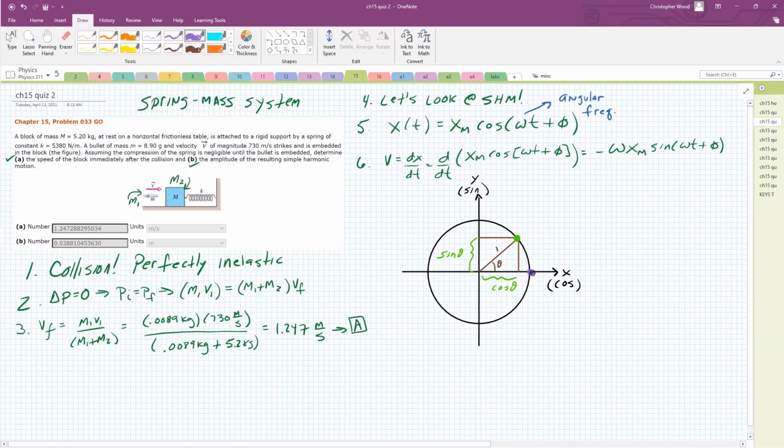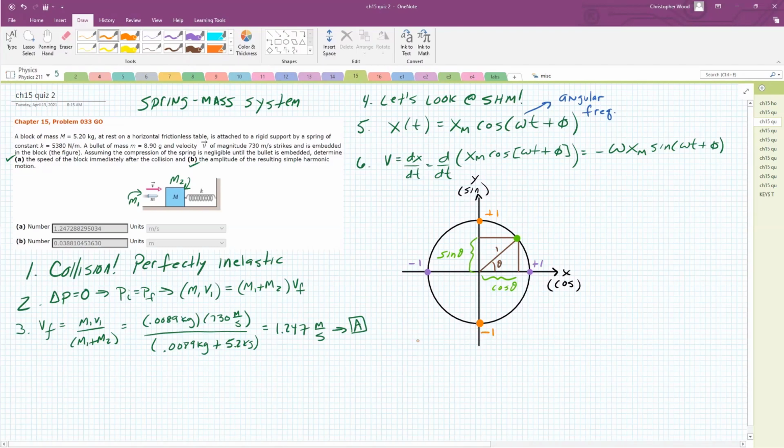Cosine can have a maximum value of 1, a minimum value of -1, and everything in between. So this is -1, this is +1 for cosine. For sine, sine can be as great as +1 and as negative as -1 and everything in between.